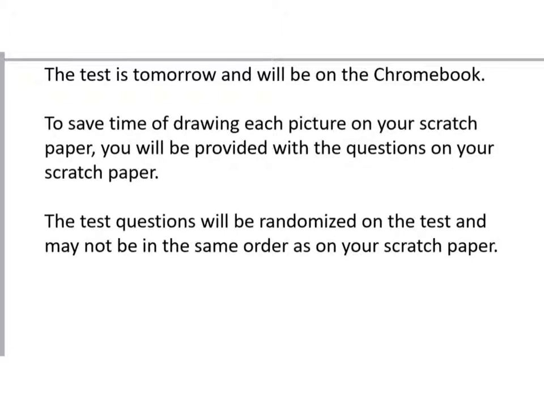But the computer randomizes the test questions, so they won't be in the same order on the computer as they probably are on your scratch paper. So you might have to look around and see, oh, okay, where is this? Oh, there it is. We're good. But you won't have to draw all your own pictures.